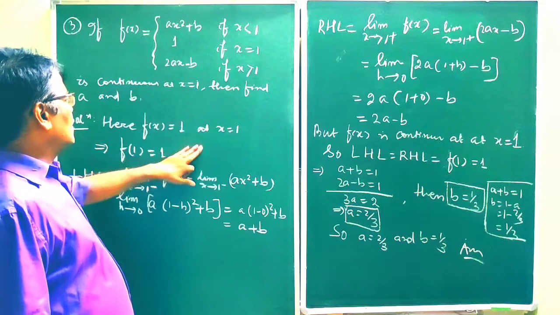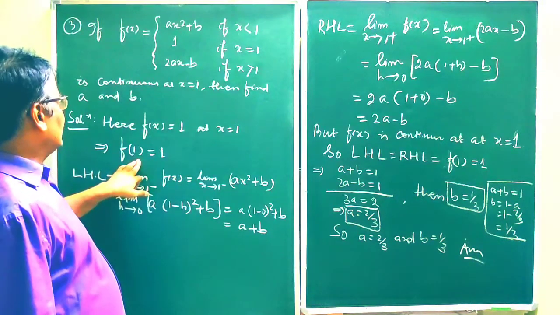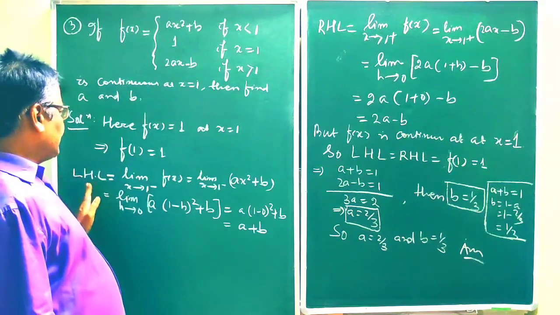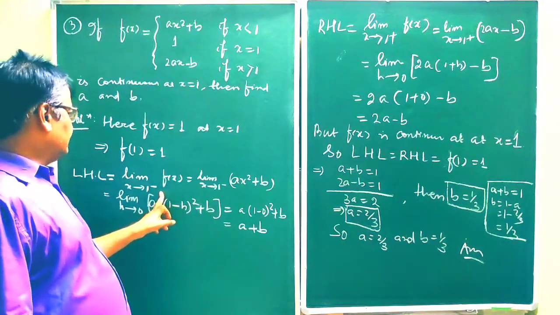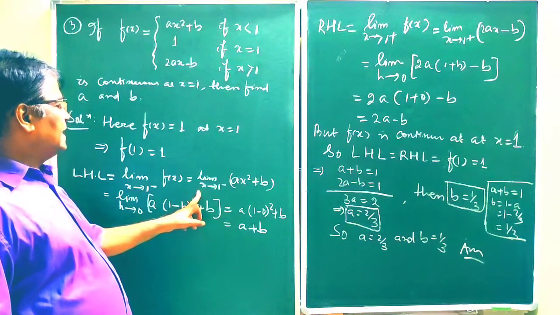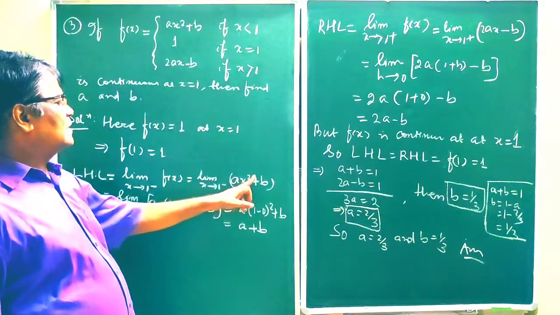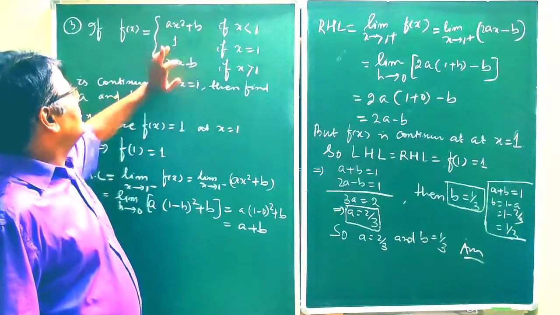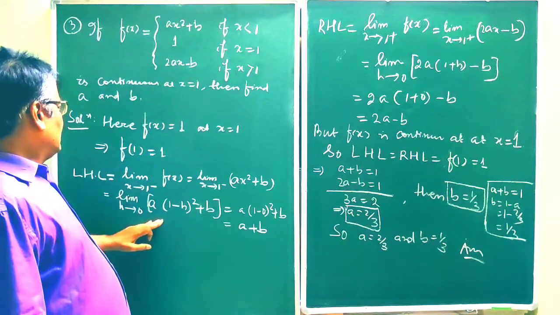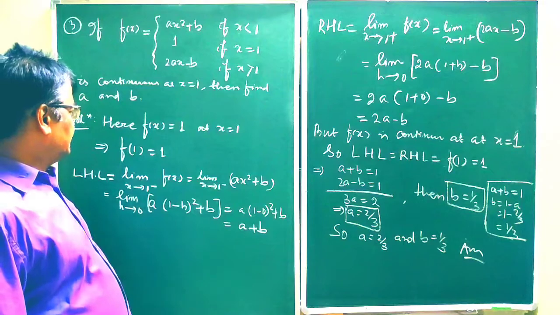Here f of x is equal to 1 at x is equal to 1, so f of 1 is equal to 1. Now the left hand limit is the limit as x tends to 1 minus of a x square plus b, because when x is less than 1, f of x is equal to a x square plus b. Now the limit is a plus b.